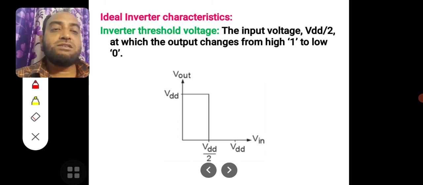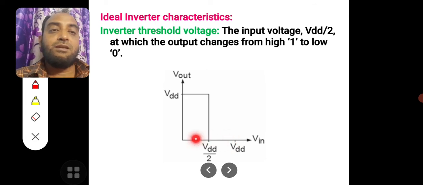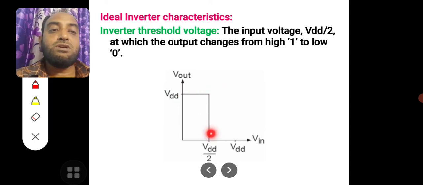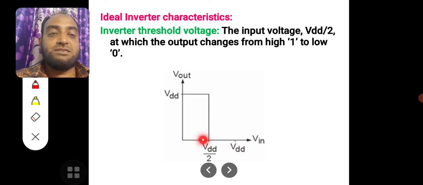As you slowly increase the input from 0 to its maximum VDD, the output drops from 1 to 0 exactly at the midpoint of the x-axis.